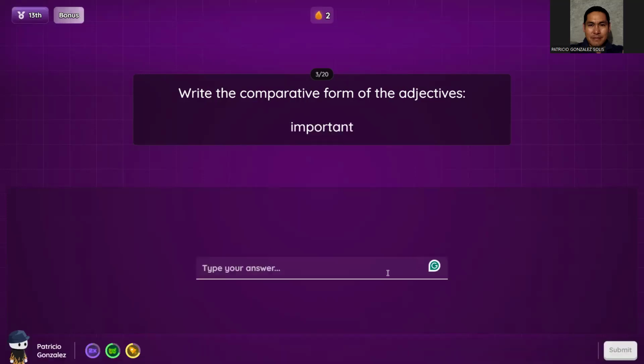Very good. Now, another, my dear Luz Maria. It is important. Comparison: more important. Yes, more important.